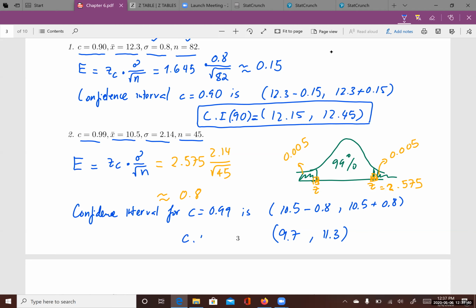This is the confidence interval for C equals 0.99.